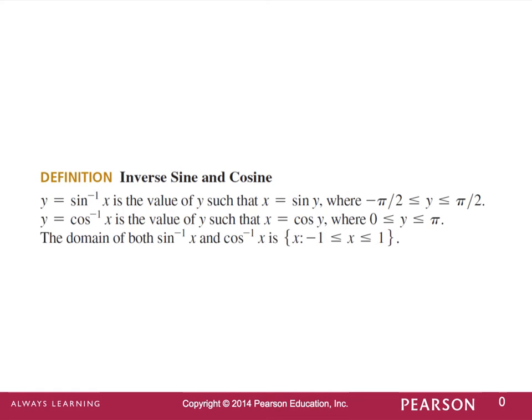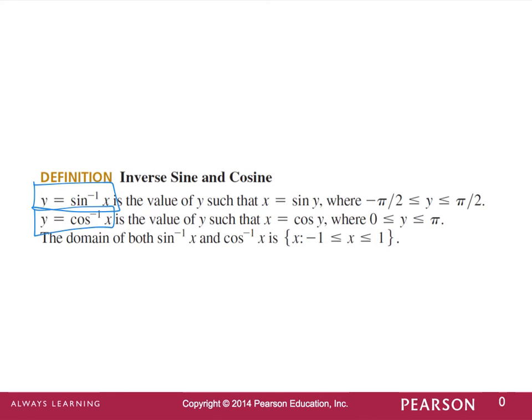So if we say that we have those conditions that we just stated before, and we do the inverse thing where we switch the x and y and we solve, we end up with these two functions. Y is equal to the inverse sine of x, and y is equal to the inverse cosine of x. Now I'm going to pause here for a second to just mention something that's a little bit of a pet peeve of mine. I hate this notation.